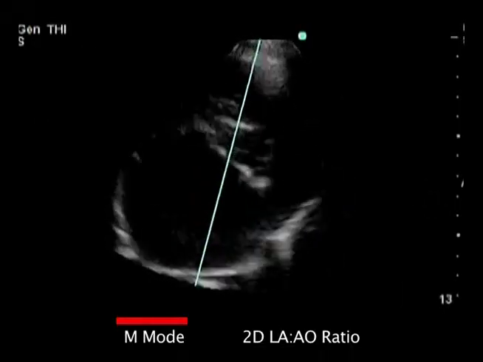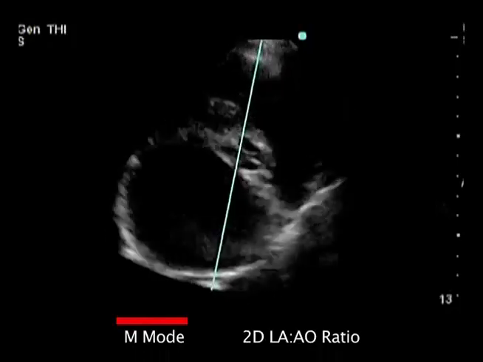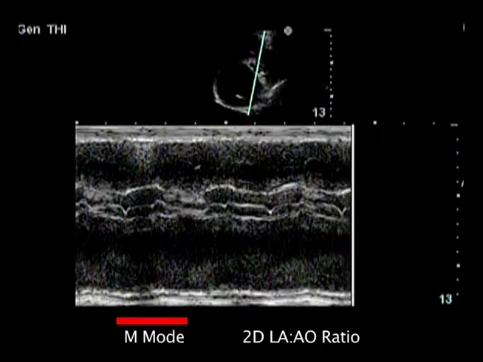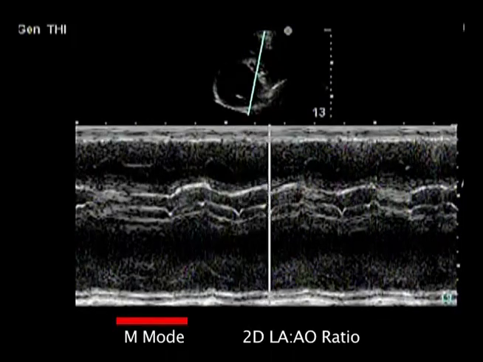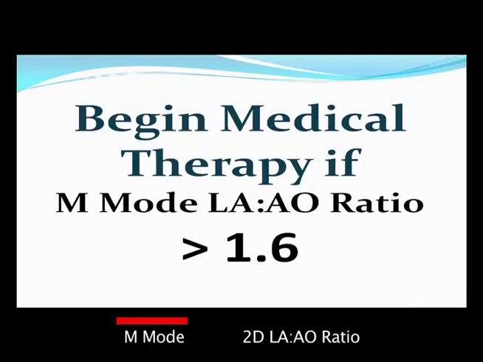Ratios greater than 1.13 indicate left atrial enlargement. Medical therapy should be initiated if the M-mode LA-AO ratio is greater than 1.6.